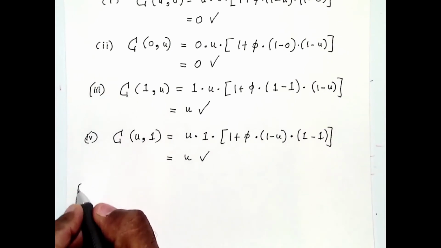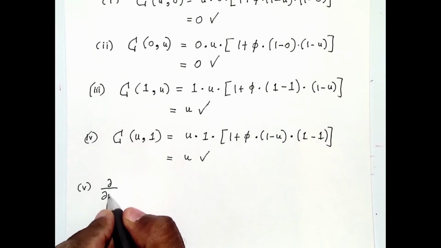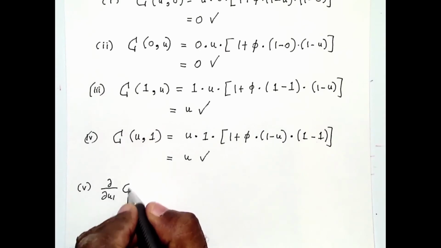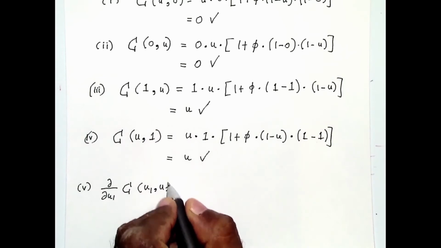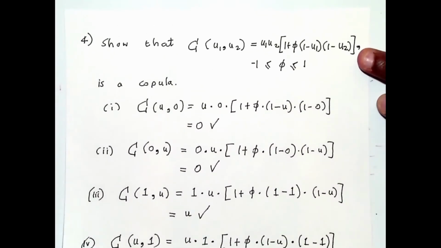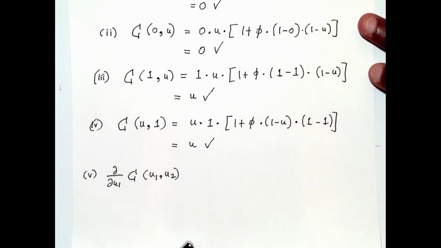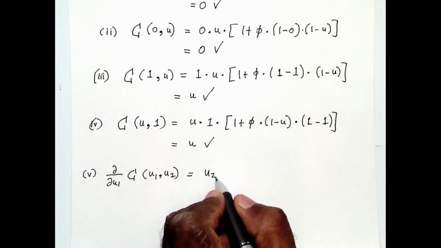Now condition 5, you want to find the partial derivative with respect to u1 of this expression here. So once again you need to use the product rule. So once again you will get two terms. The first term is going to be this.